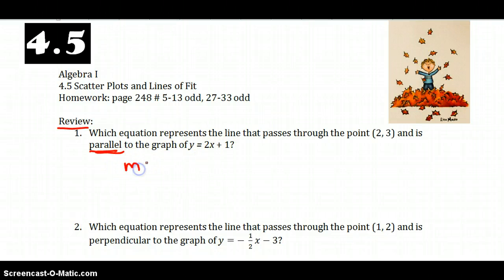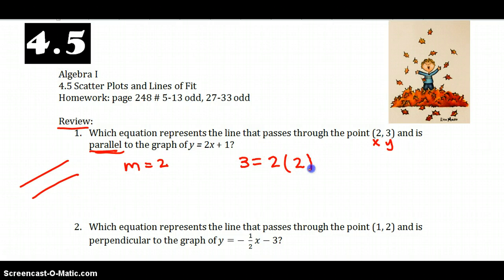So our new line has the same slope because they are parallel. So they're going to rise and run at the same rate. So passing through this point, so here's an x and a y. It did not tell us which form to write the equation in. I'm usually a fan of slope-intercept, so I'm going to solve for b real quick.